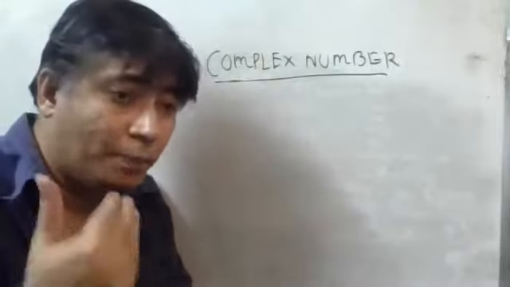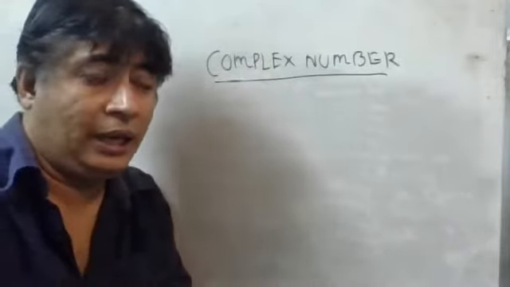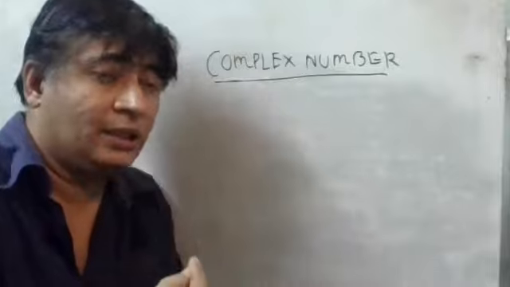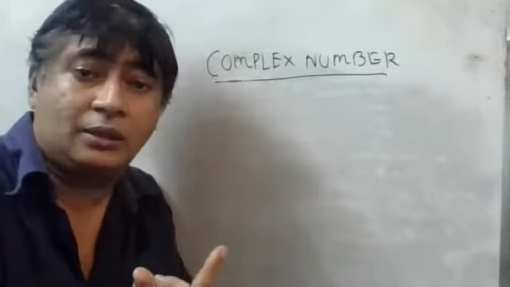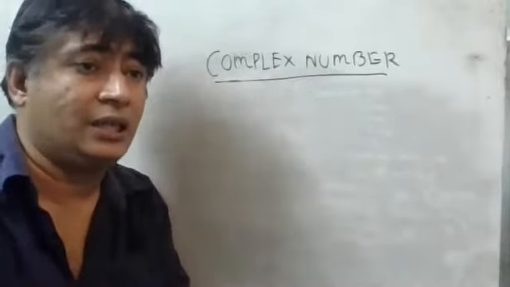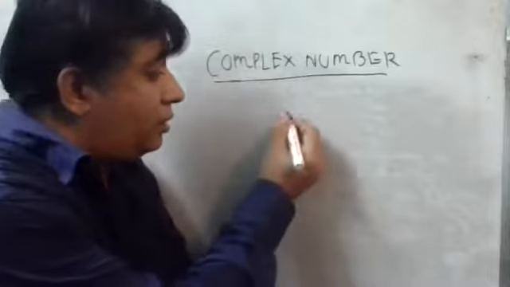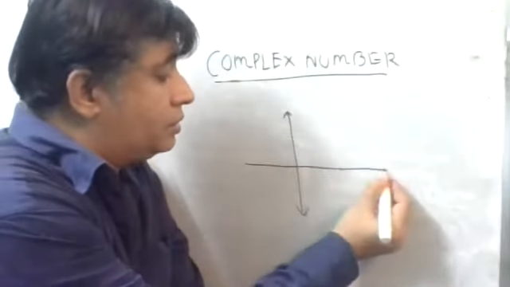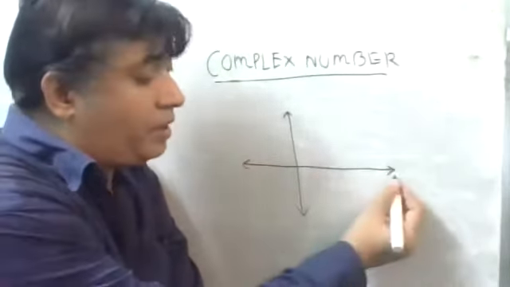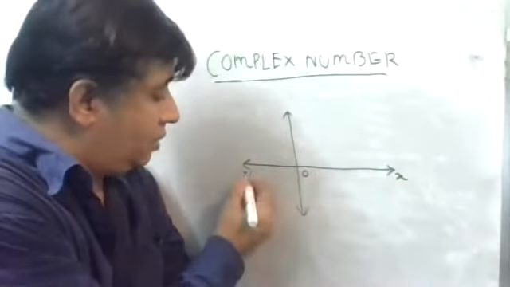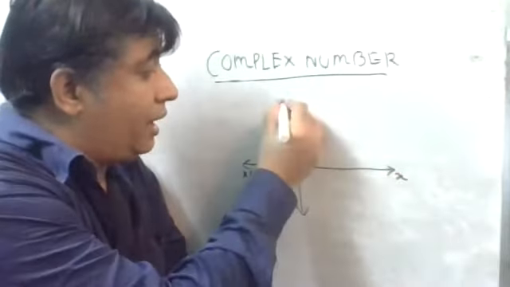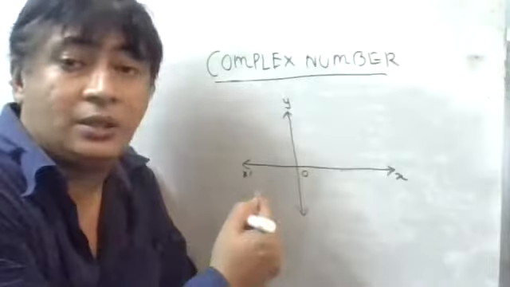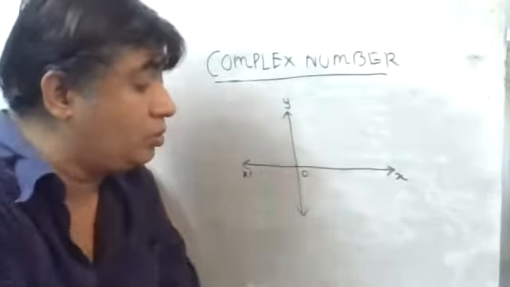Now, in the complex plane, a point can be plotted, and like coordinate geometry, a complex plane also has two axes. One is perpendicular to the other, like the x-axis and the y-axis. The plotting of a point is measured with respect to the origin.